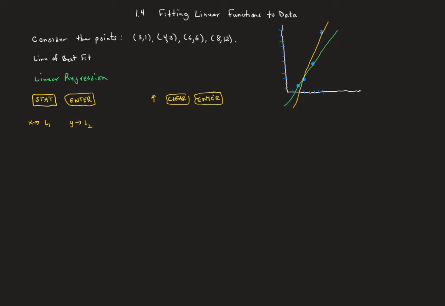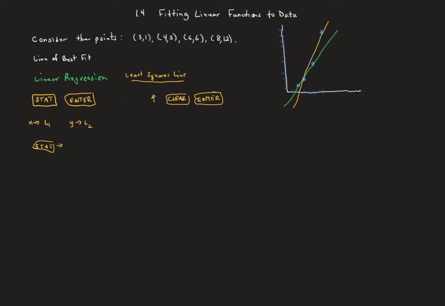So what we're going to do next is to actually calculate that line of best fit, what's known as a least squares line. That's what that's called. We're going to find the least squares line. So to do that, we're going to go back to the stat button. So we'll hit stat again.